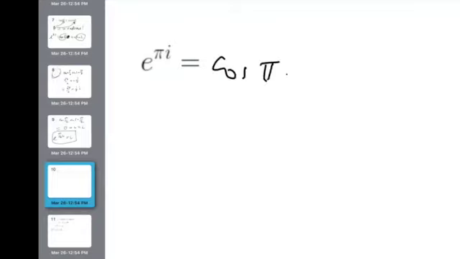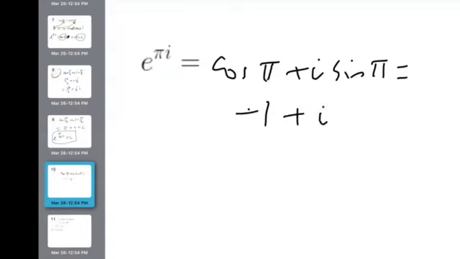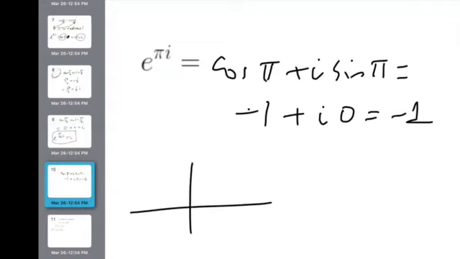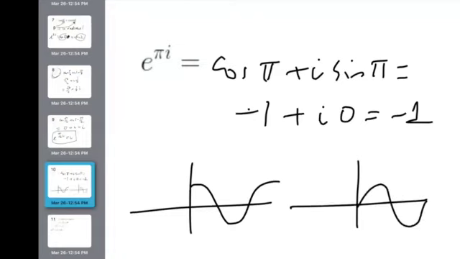Cosine of pi plus i sine of pi is equal to cosine of 180, which is -1, and sine of 180 is 0, so it becomes -1. If you forget those rules, I personally picture the sine curve and the cosine curve. If I forget what 180 is, well, I can see 180 is like halfway through each of them. e to the pi i equals -1.